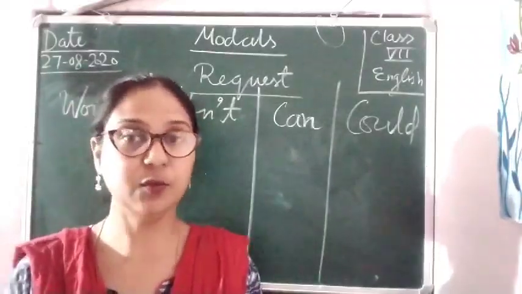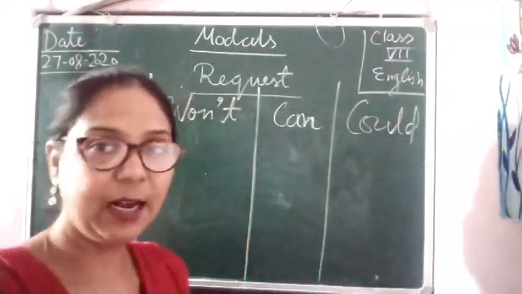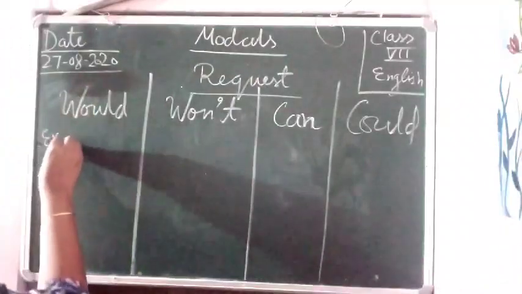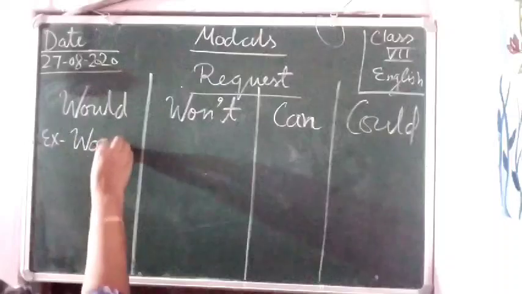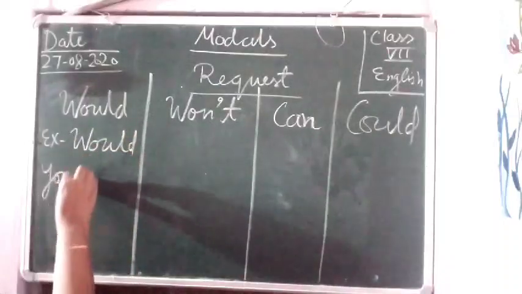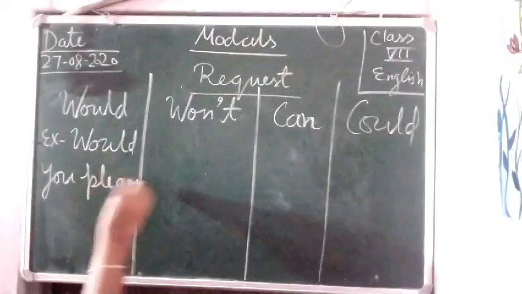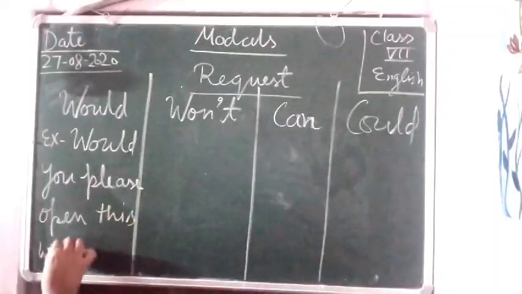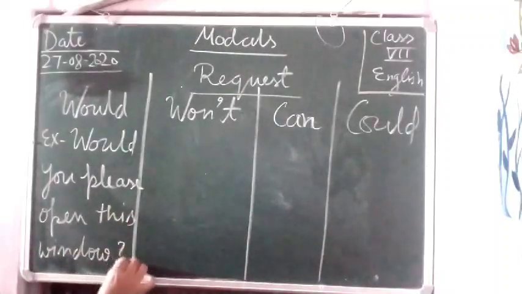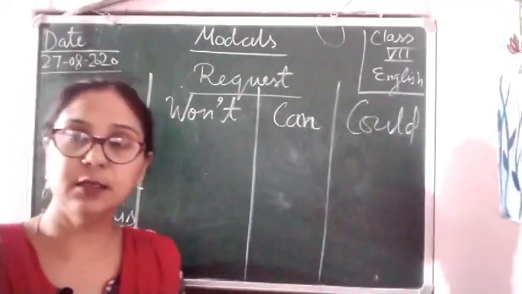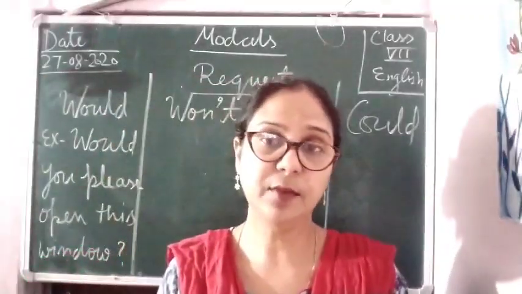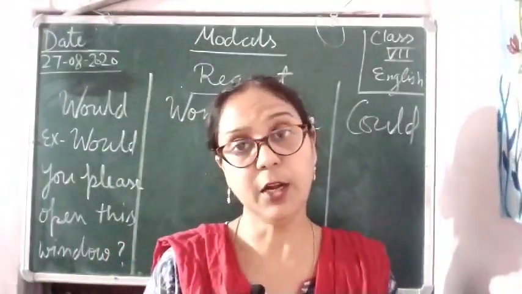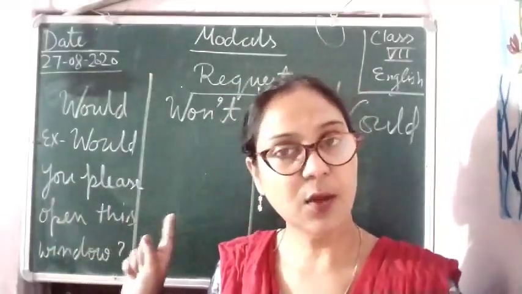Example: would you please open this window? You can use can you open, but this is a very informal way. Whenever we have to request in a very formal, gentle, and polite way, then you are supposed to use would.